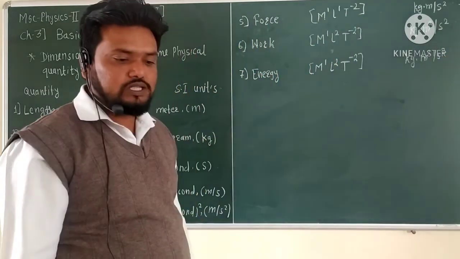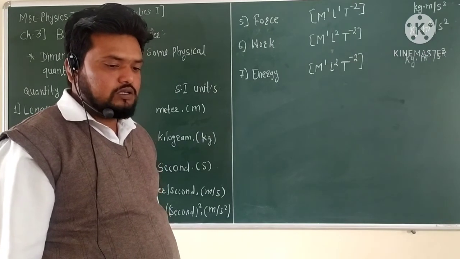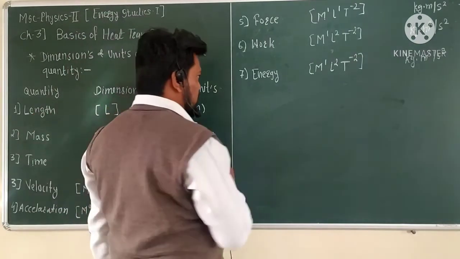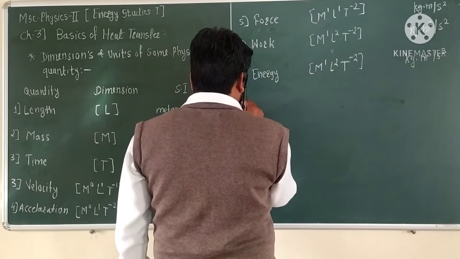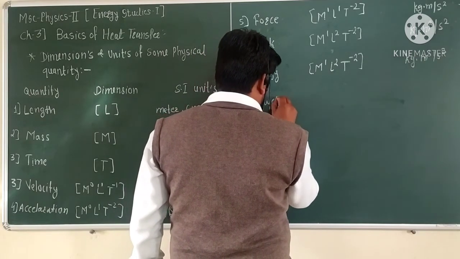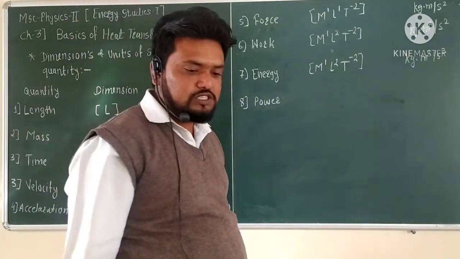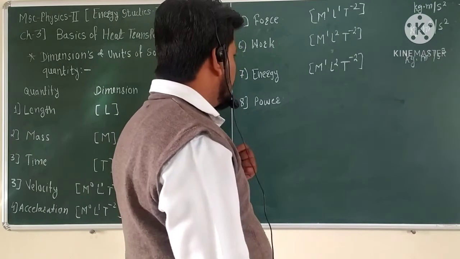Now the next quantity we want to see is power, which is nothing but work per time. So power is equal to work per time.